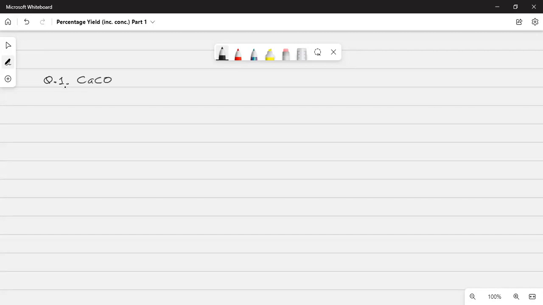Calcium carbonate, the formula for which is CaCO3, 28.7 grams. Actually, let's not quote this value like this.